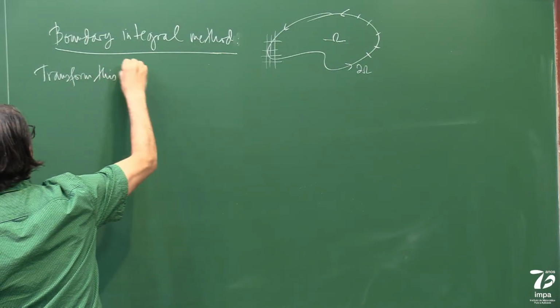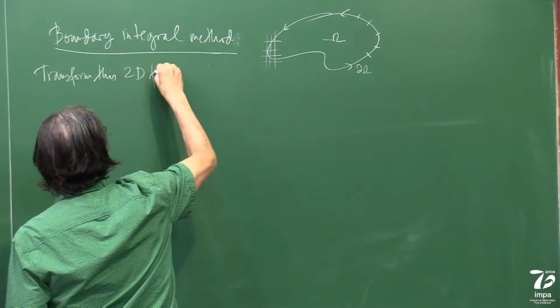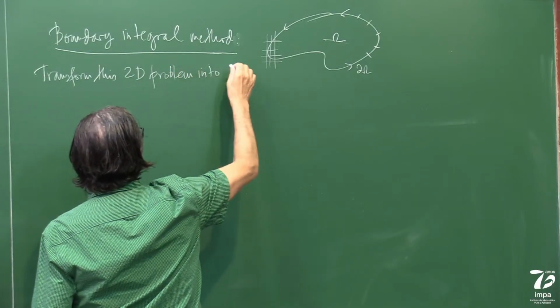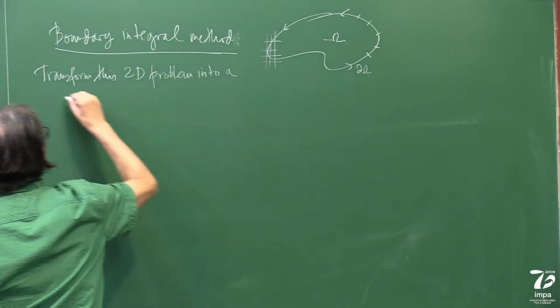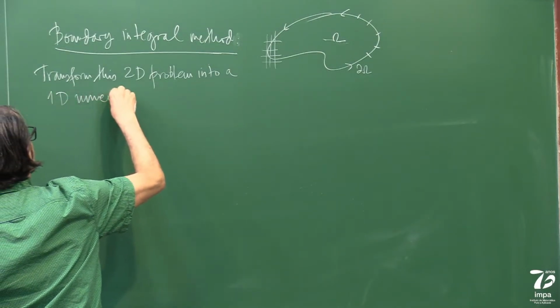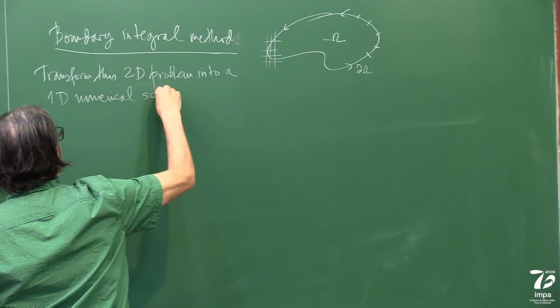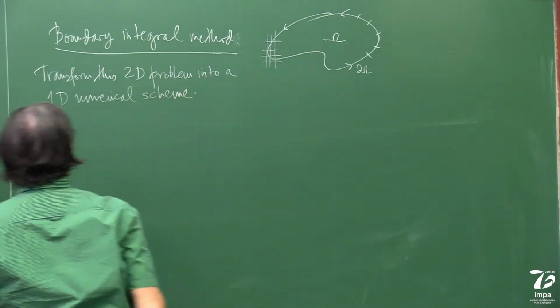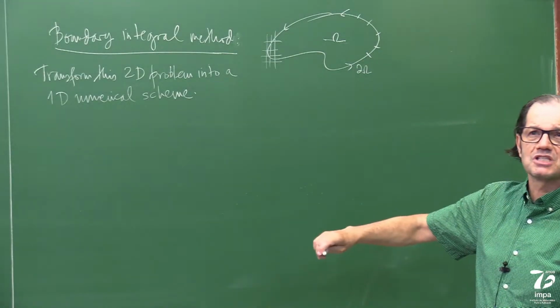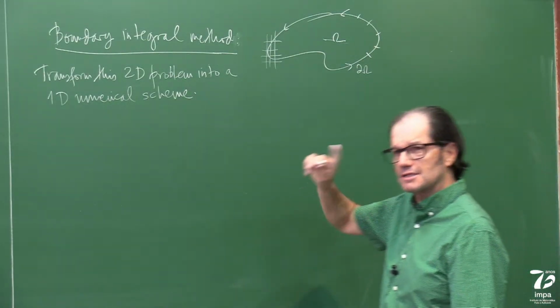transform this 2D problem into a 1D numerical scheme, right? Or basically, I'm skipping words. The proper way would say it as I was writing.